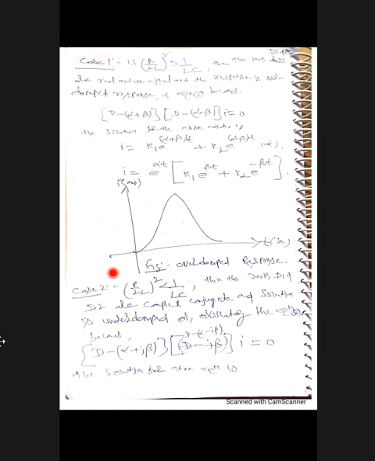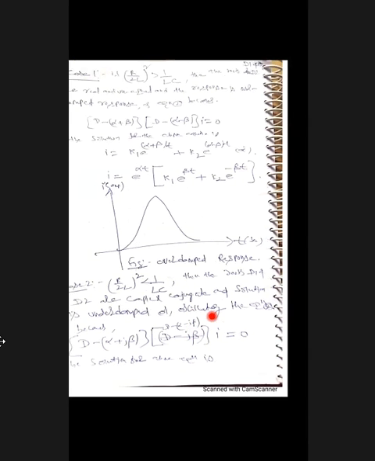What is the solution of this equation here? (D minus (alpha plus j beta)) into (D minus (alpha minus j beta)) into I is equal to 0.